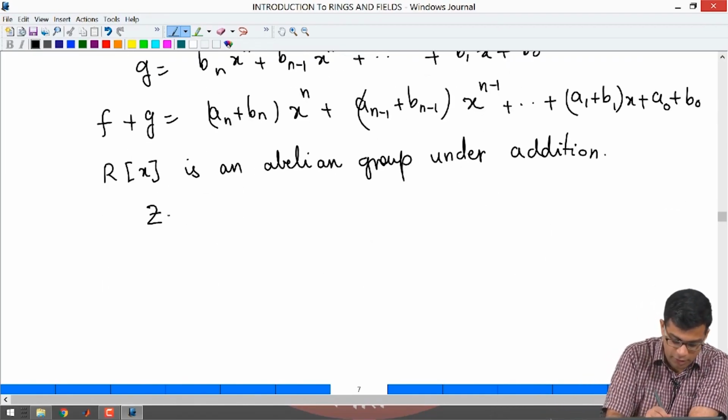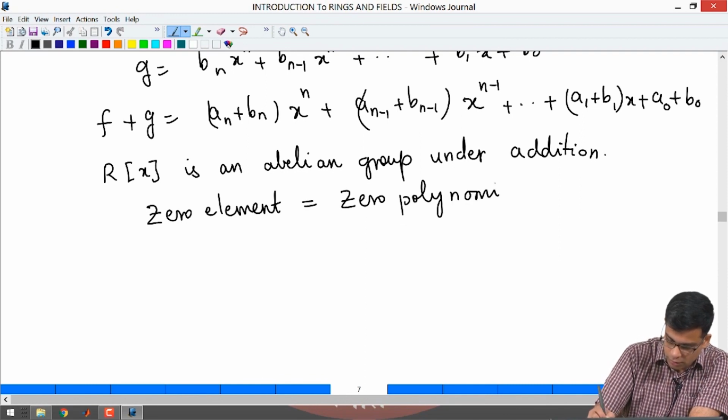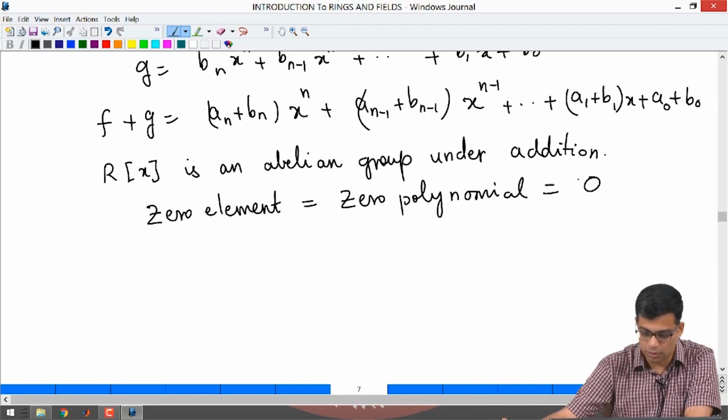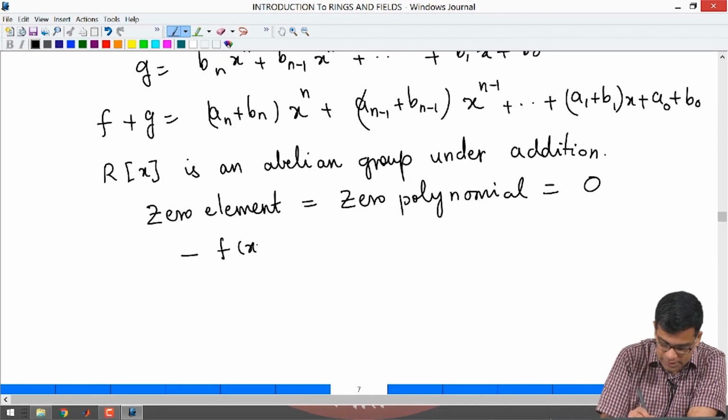What is the 0 element? It is the 0 polynomial, right. So, the 0 polynomial has all coefficients 0, that is the 0 element. What is minus of f(x)?